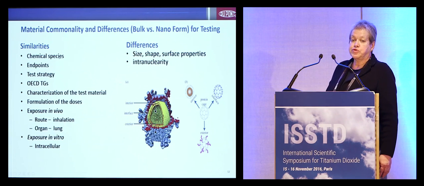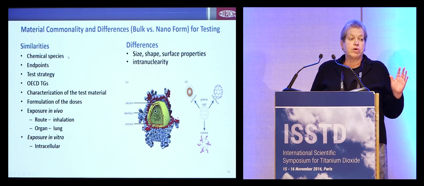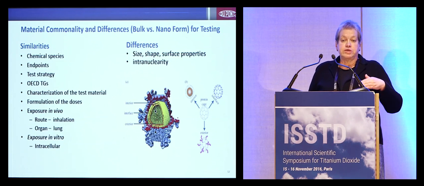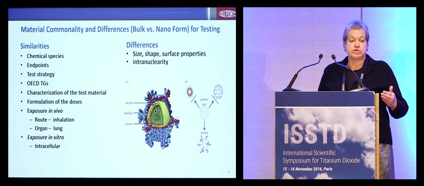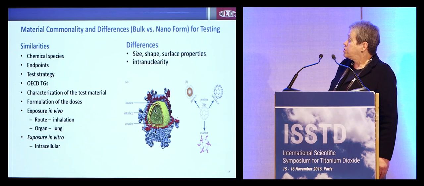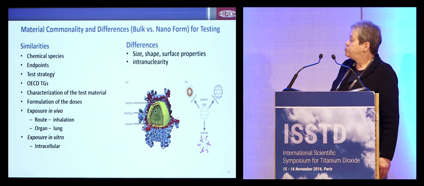Chemical species is, of course, an issue. If you look at bulk, particulate, nano, is this still the same chemical species or not? I think some people would say yes, other people would say no. You look at different endpoints, the strategy should be the same. There are the OECD test guidelines. Characterization of the test material would be needed. How do you formulate your doses?